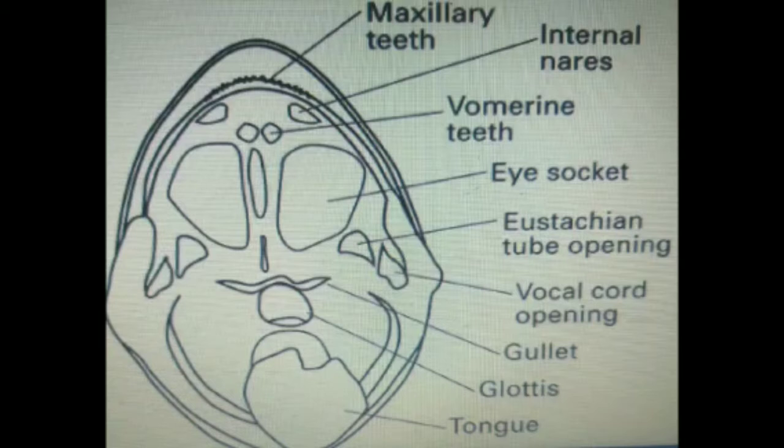Gullet opens into esophagus and glottis is the opening that leads into the windpipe or respiratory system. So you can say pharynx is a common passage for food and air. Food will cross here and go into the gullet and from gullet go into the esophagus, and air will cross the glottis and finally enter the respiratory system, the windpipe or trachea.